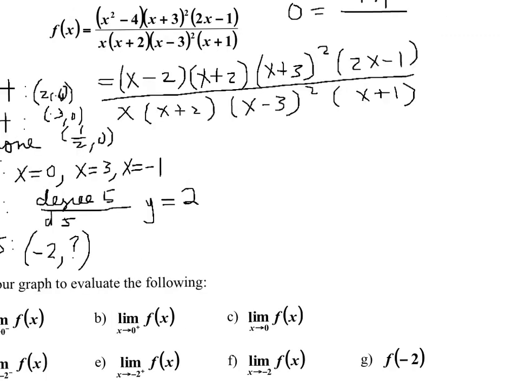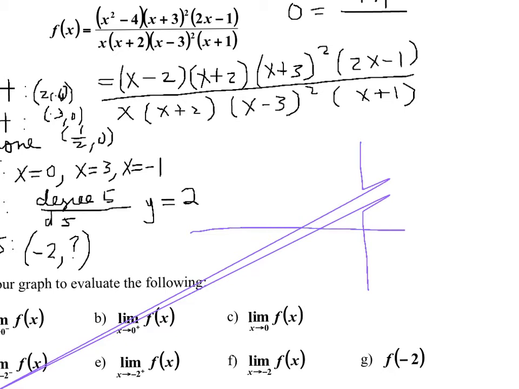Okay, so now I'm ready to graph this thing. Let's do it. I'm going to make an x and a y-axis. Now the points that I need are (2, 0), so we'll put a point on my graph.